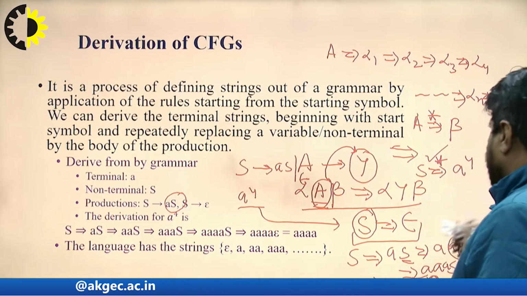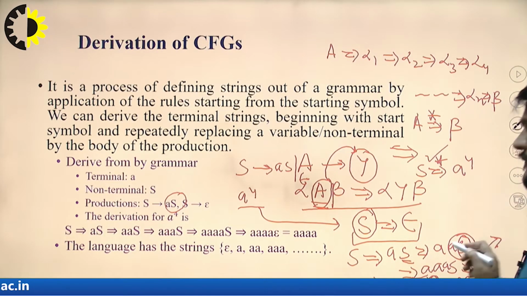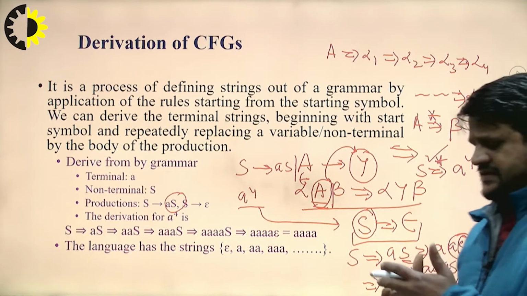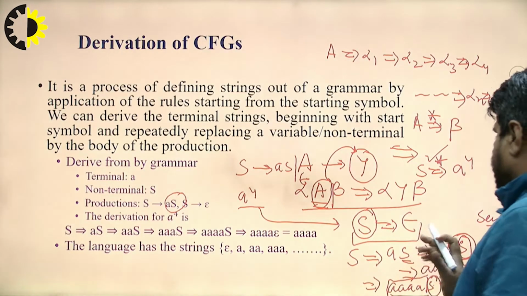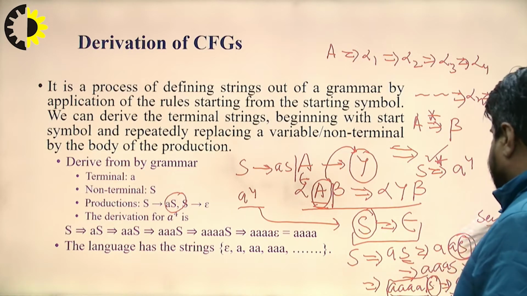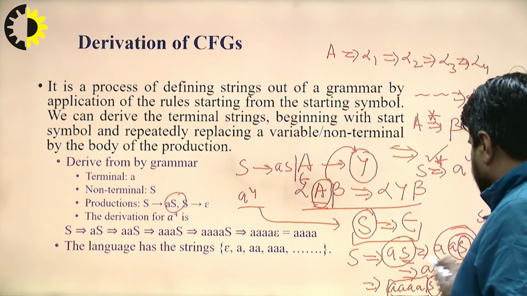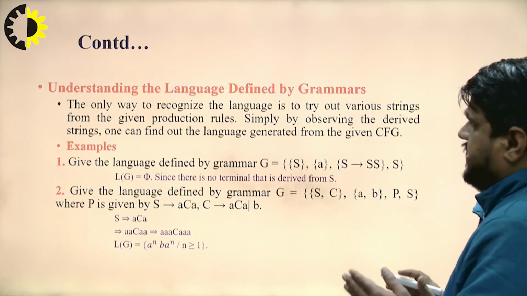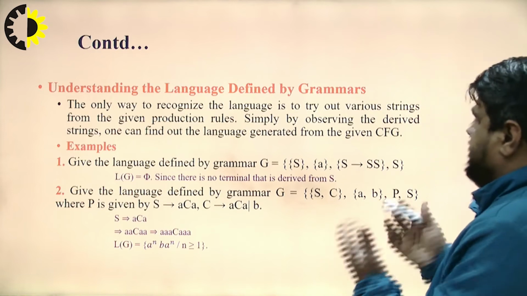The string of terminals that is generated by the particular derivation is called the sentence, and the strings in between, which comprise terminals and non-terminals, are called sentential forms.